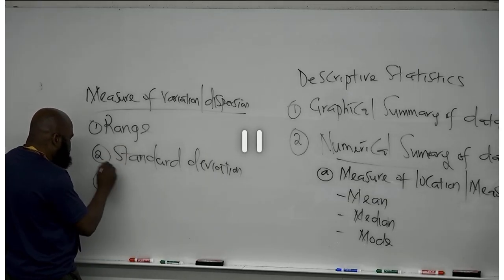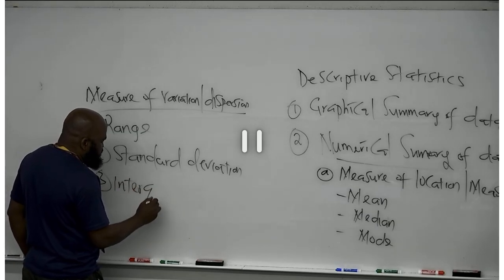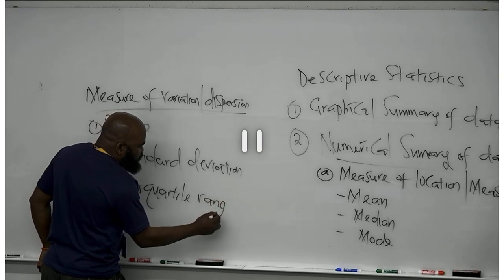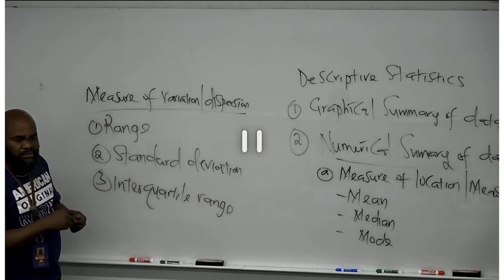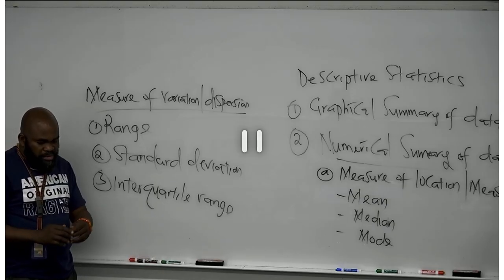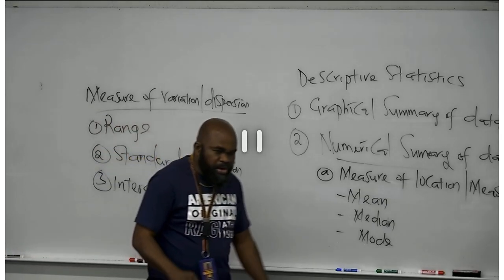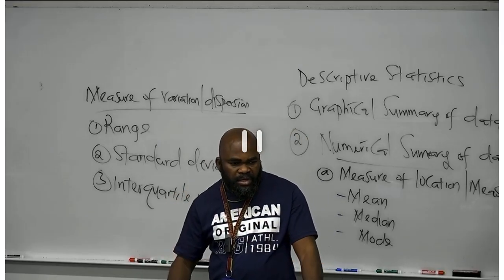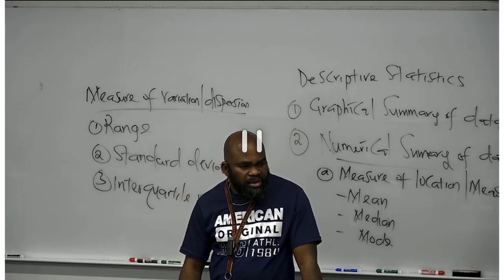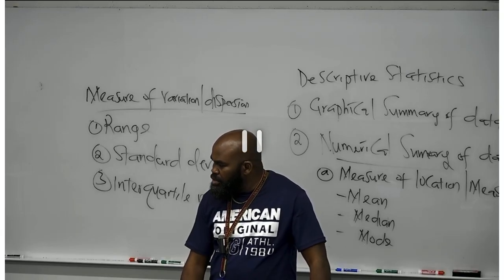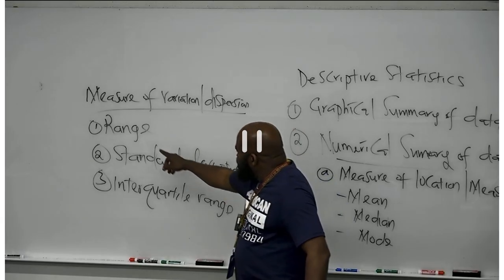We also have what we call the interquartile range. When you take a look at these measures, we talk about the spread, how your data spread, to tell you whether the data is spread out or shrinking.